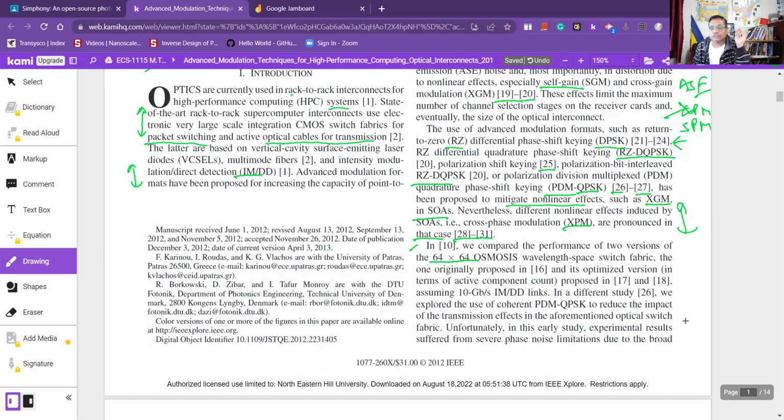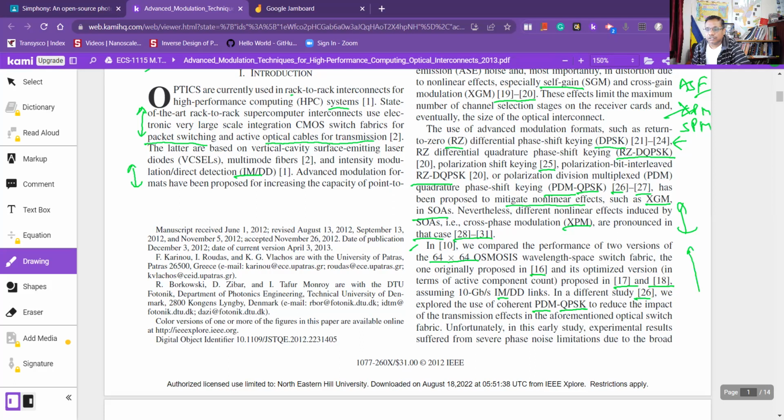The one originally proposed is 16, and its optimized version in terms of active component count proposed in 17 and 18. Assuming a 10 Gbps intensity modulation direct detection link. In a different study, that is in 26, we explored the use of coherent polarization division multiplex quadrature phase shift key, that is PDM QPSK, to reduce the impact of transmission effects in the aforementioned optical switch fabric.